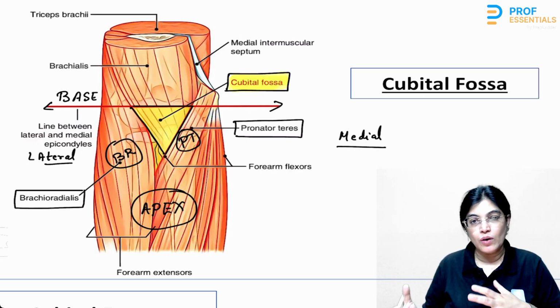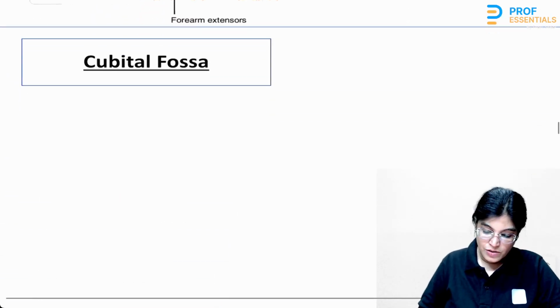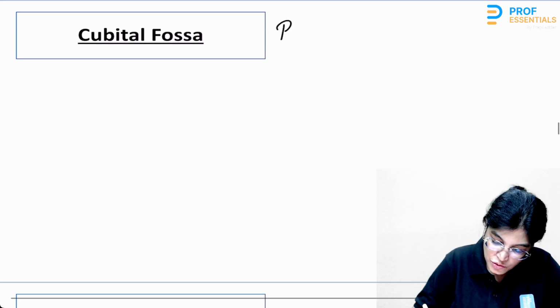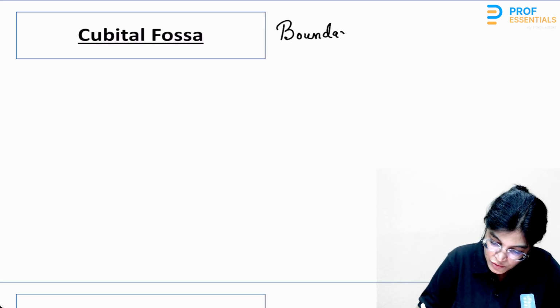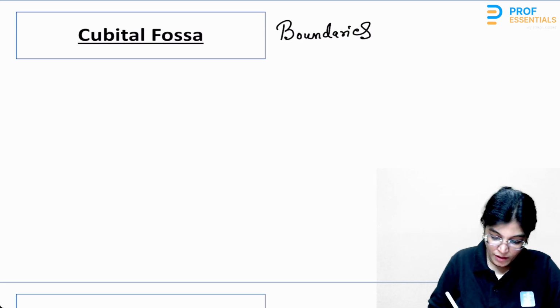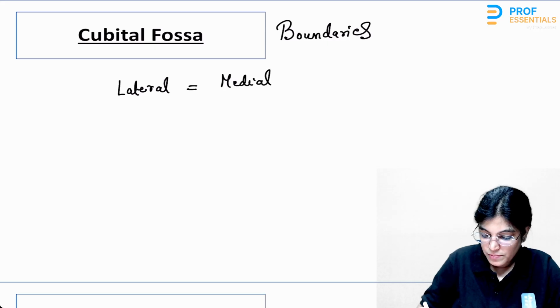Thereafter, we have to know about the roof structures and the floor structures. Firstly, I want everybody to write down the boundaries. The first thing important for you to write is the boundaries of the cubital fossa. It is bounded laterally by the medial border of the brachioradialis muscle.